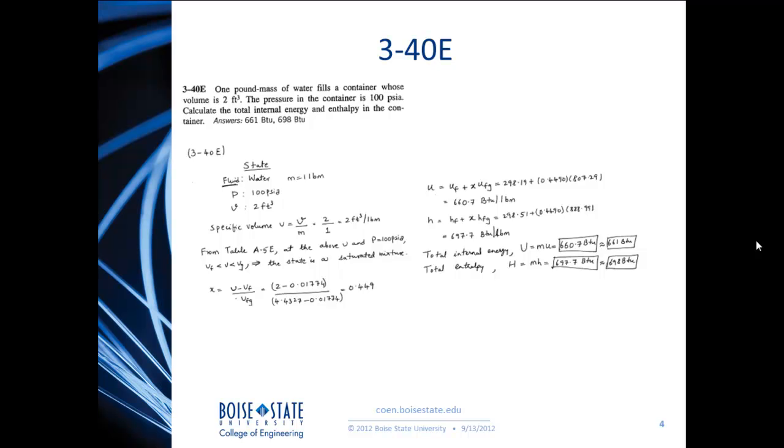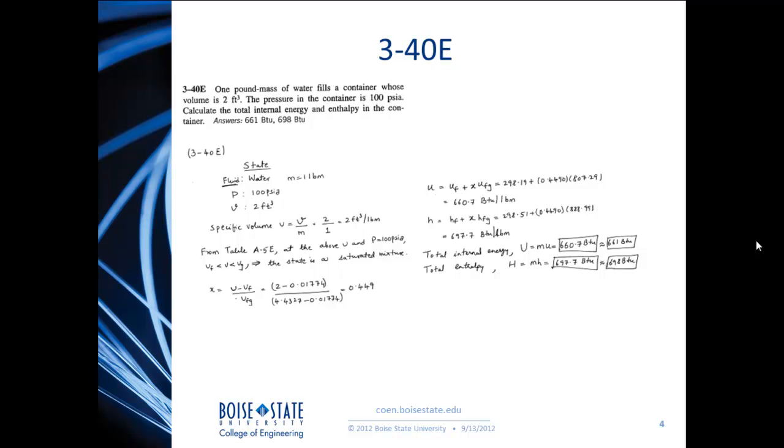So then the way we find the total internal energy and the enthalpy is by first finding the x value, which is nothing but v minus vf over vfg. We can quickly find it from the table, and it would be 0.449.